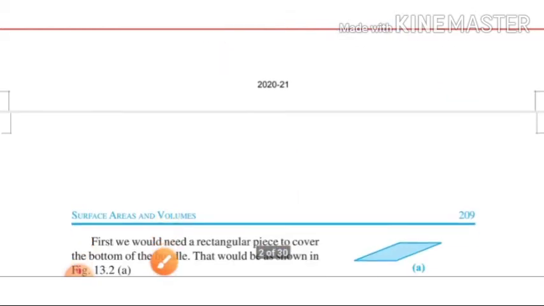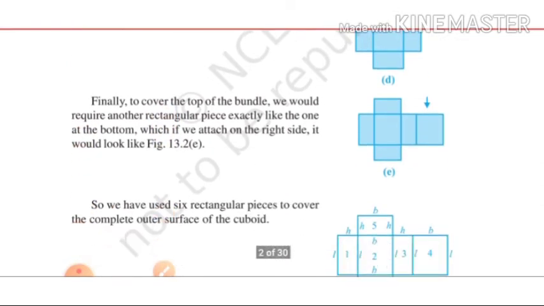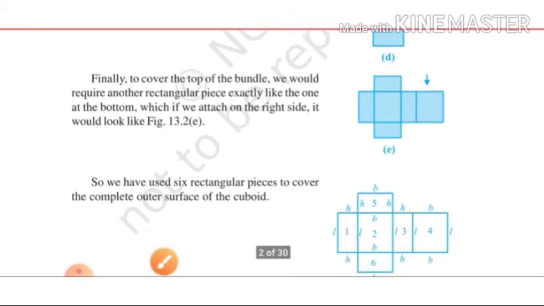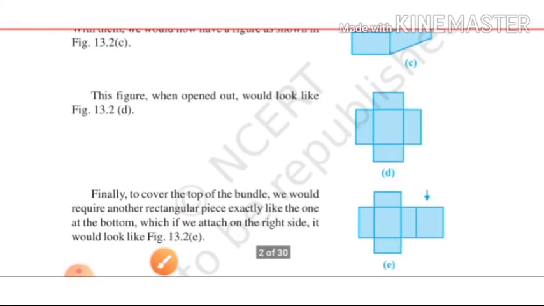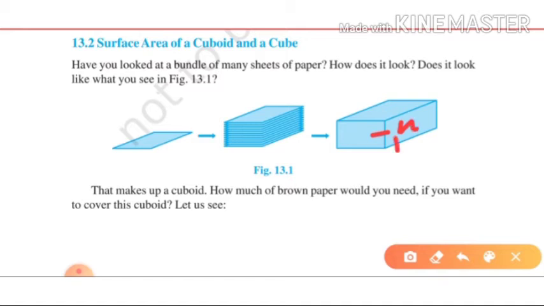Here is the net of a cuboid. We take the length, the breadth and the height.